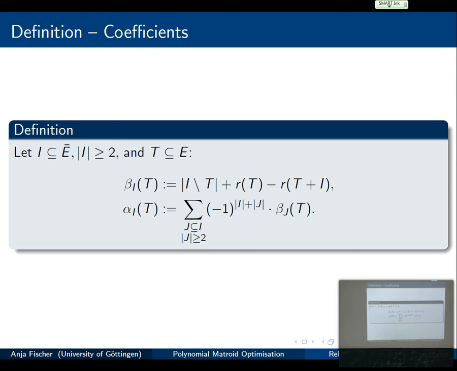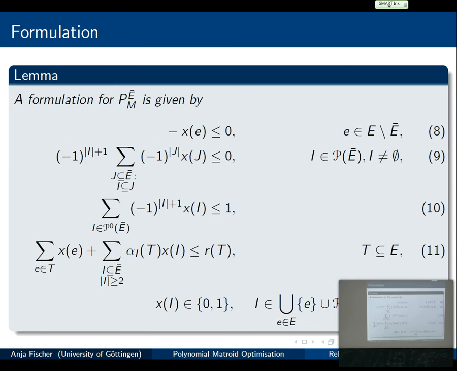And so we need this inclusion-exclusion formula. Which dependencies have been counted before, and then subtract. So just inclusion-exclusion. But with our alphas, we are now ready for giving you the formulation.